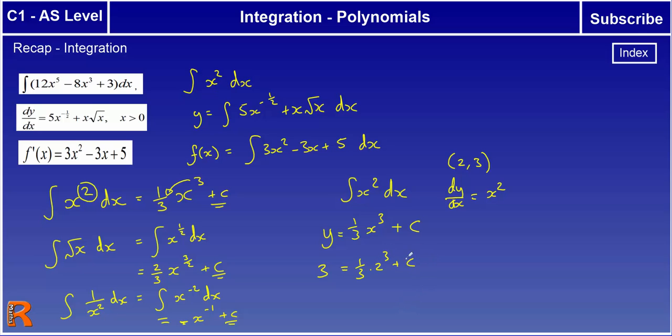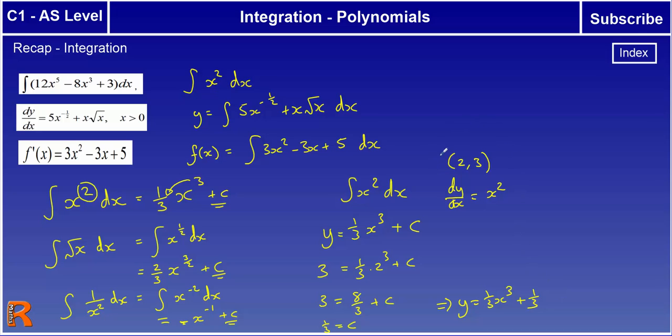And then we've got to work out this number, whatever that is. So we end up with 3. 2 cubed is 8. 1/3 times 8 is 8/3. And then we can take that away. 8/3 is 2 and 2/3. We take that away from 3. We end up with 1/3. So c is 1/3. So that tells us that the equation was y equals 1/3 x³ plus 1/3.